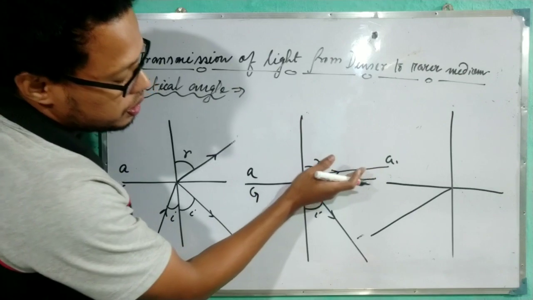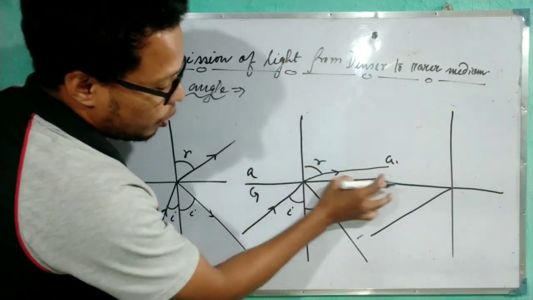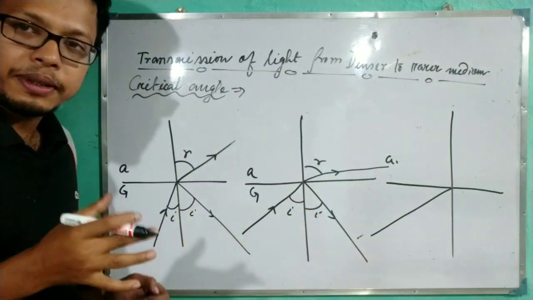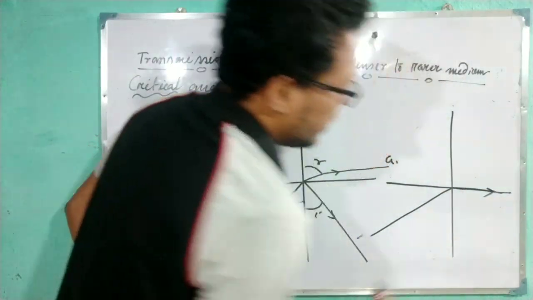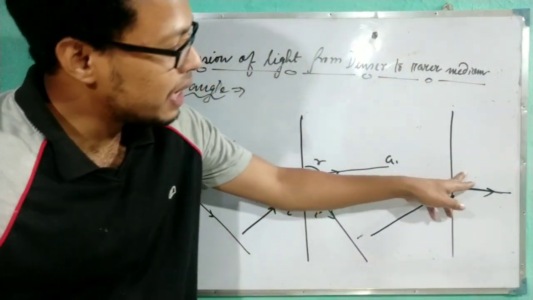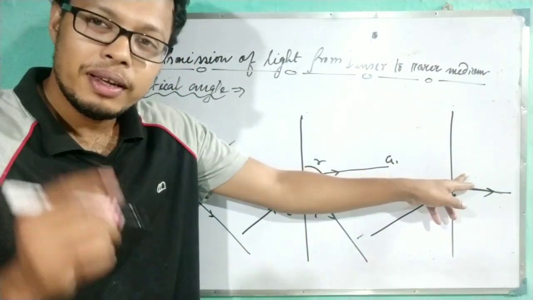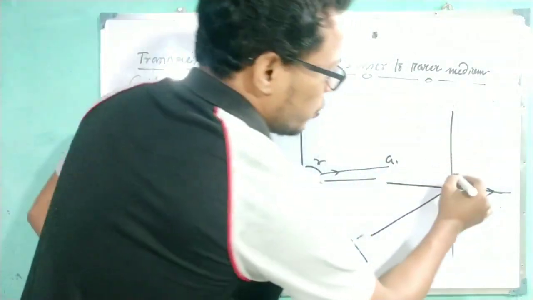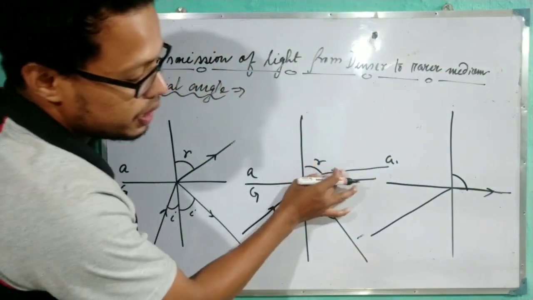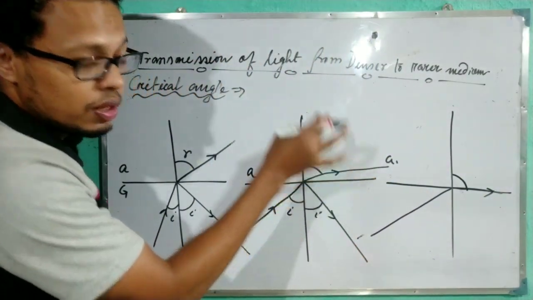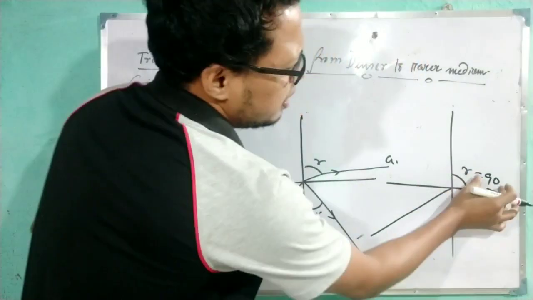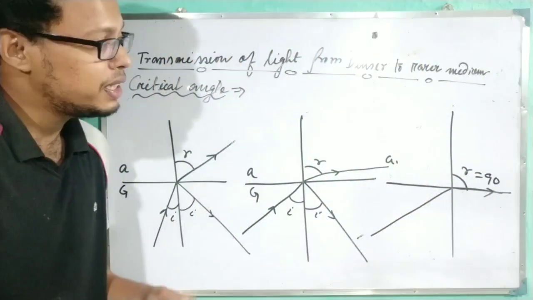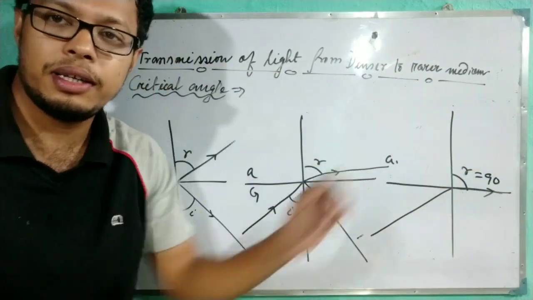It will touch, means it will fall on that glass-air interface. So one thing also I can say, here the maximum angle of refraction will be 90 degrees in that case. When the refracted ray touches the glass-air interface, R will be 90 degrees. This is the maximum angle of refraction. The angle of refraction cannot be greater than 90 degrees.